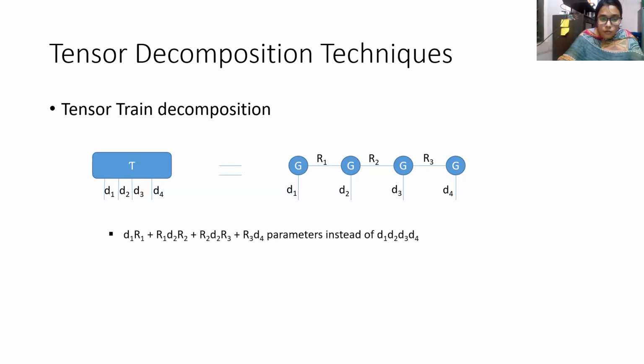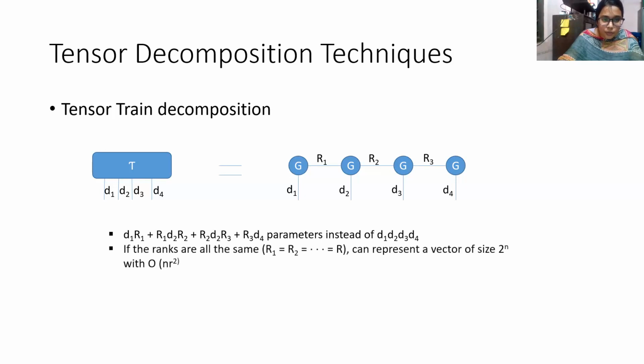The calculation will be the same as the previous one. But here is an exceptional case where all the parameters will be equal. So we can represent the vector as 2 to the power n.